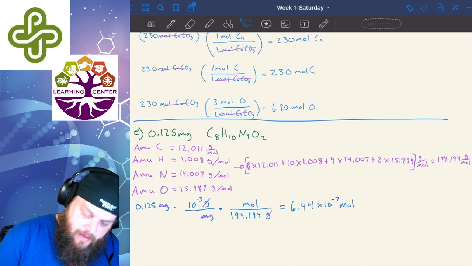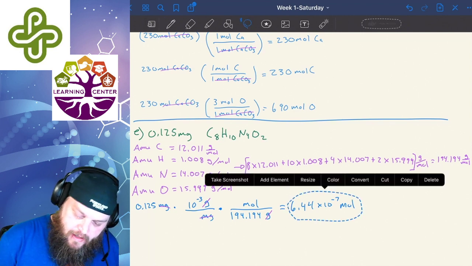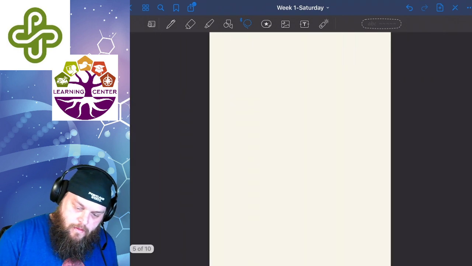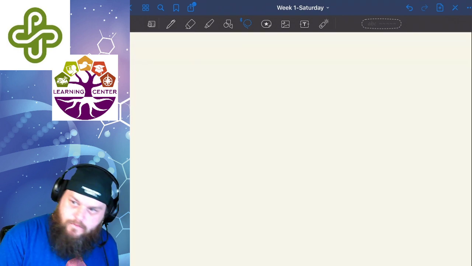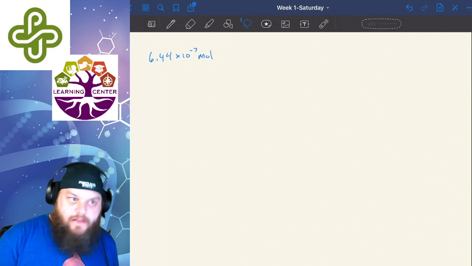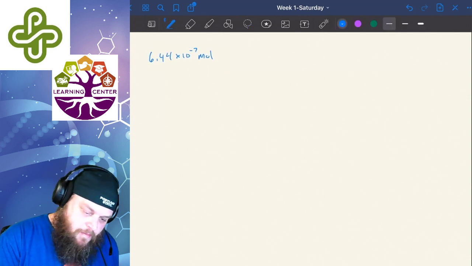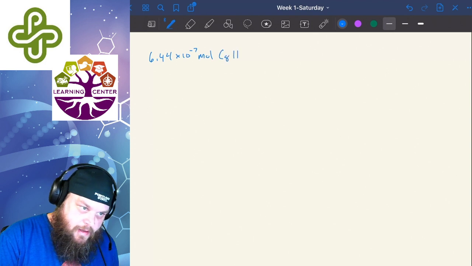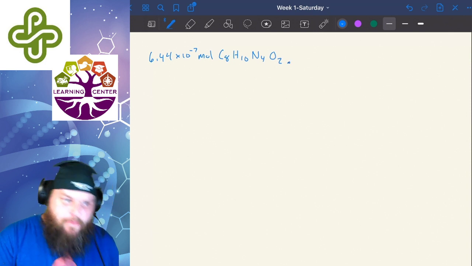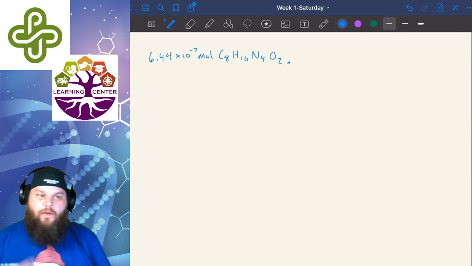I'm going to copy the moles of caffeine that I have. So that's moles of C8H10N4O2. And we need to now multiply that by the mole-to-mole ratio of each of the different atoms.